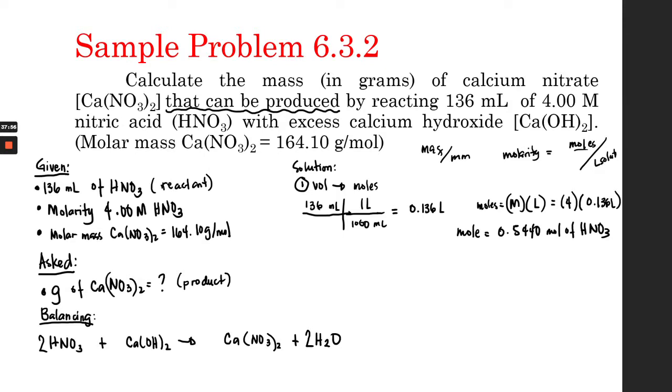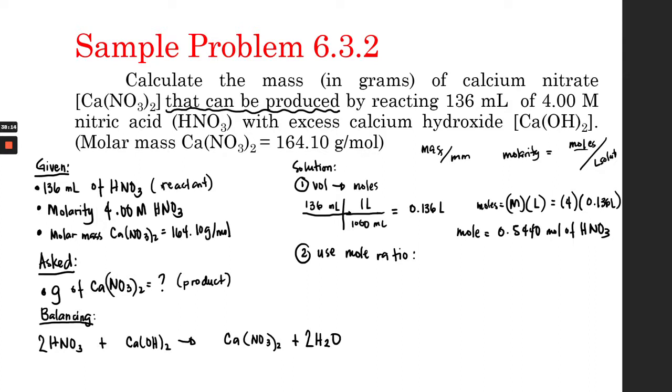Next we have to use the mole ratio. Which mole ratio are we going to use? In this case, they're asking for the product, and they gave us the given on the reactant.